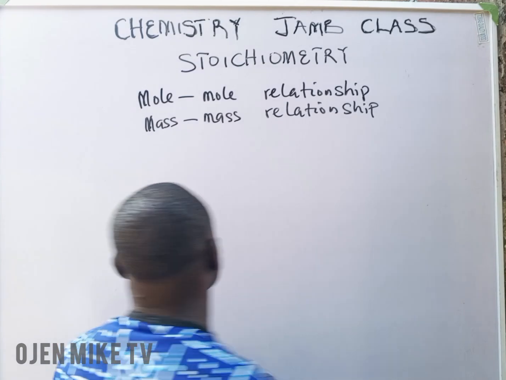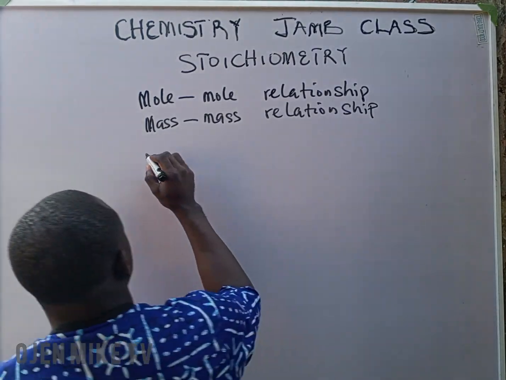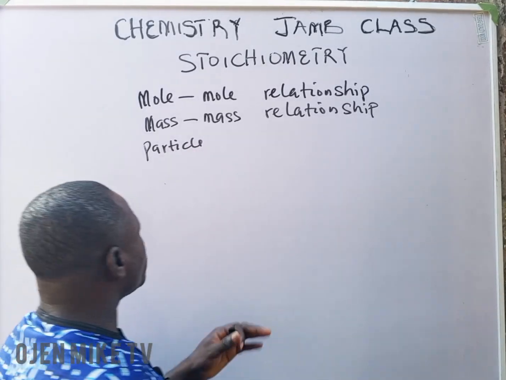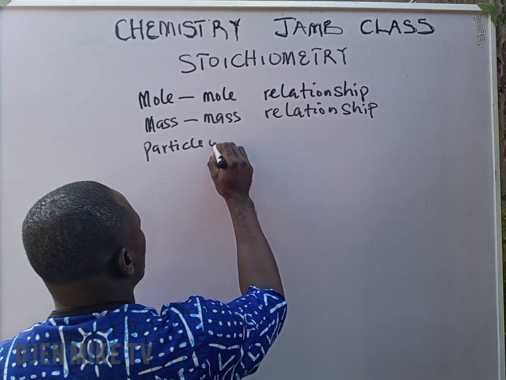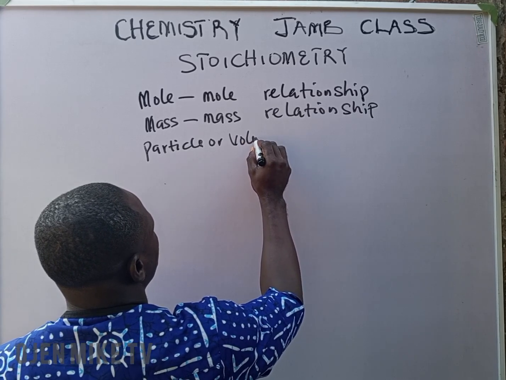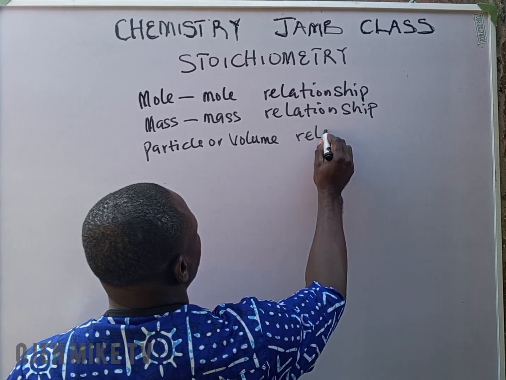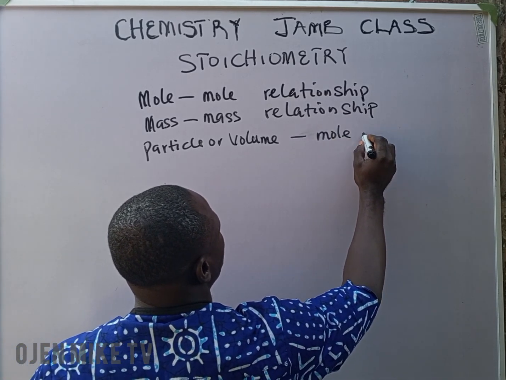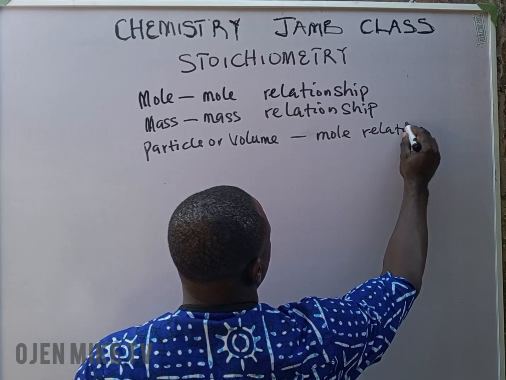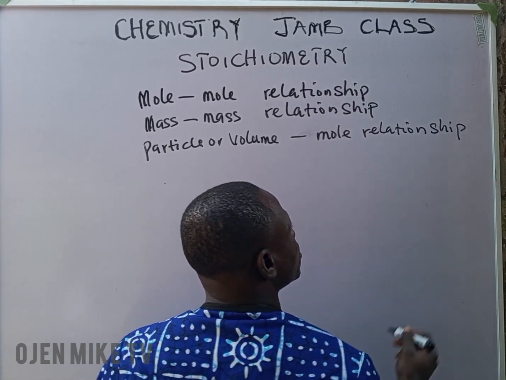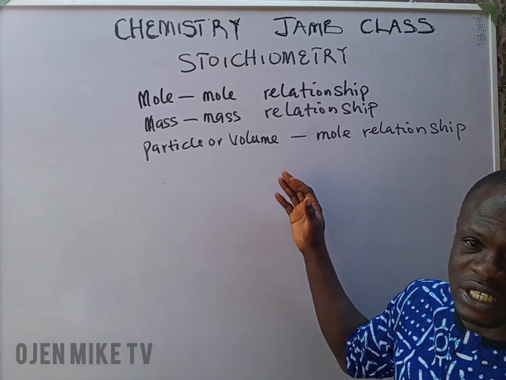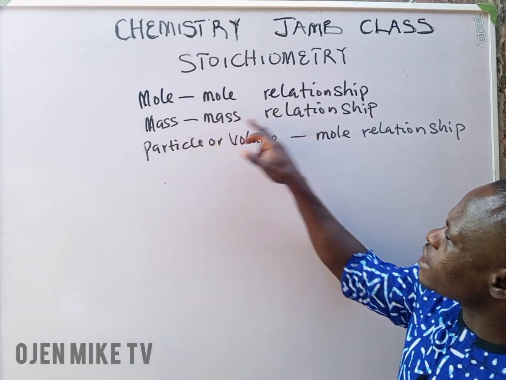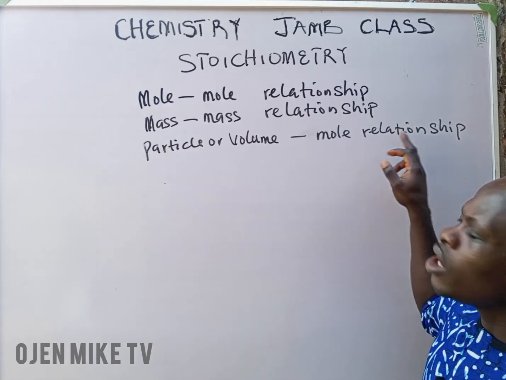Then the third thing that you need to know is the particle, or you call it volume, relationship: volume to mole relationship. These are the various ways you can use and understand stoichiometry: first the mole to mole relationship, then the mass relationship, and the particle or volume to mole relationship.